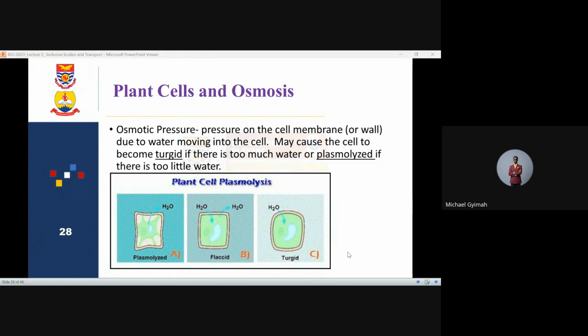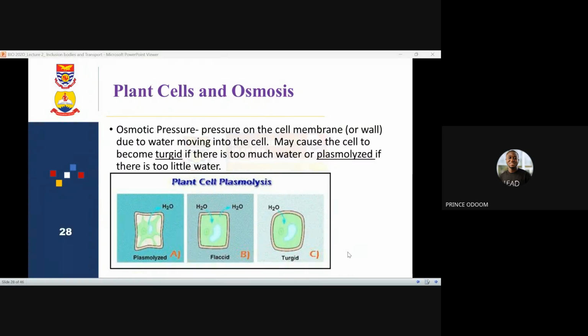Let me take it again. When you place the plant into the hypotonic solution, the concentration gradient of the liquid will not cause the plant to shrink as compared to the first one, causing it to be plasmolyzed. By this time around, it will be more or less stable. To be more or less stable.